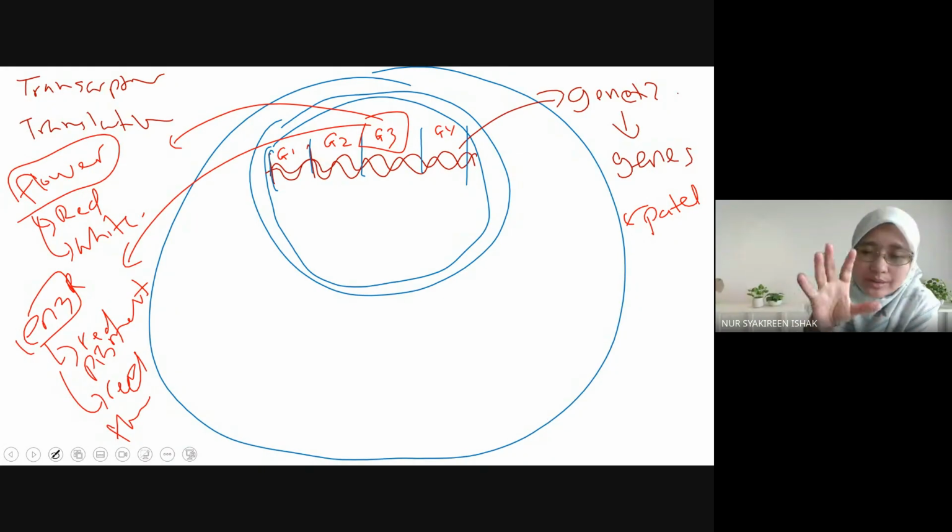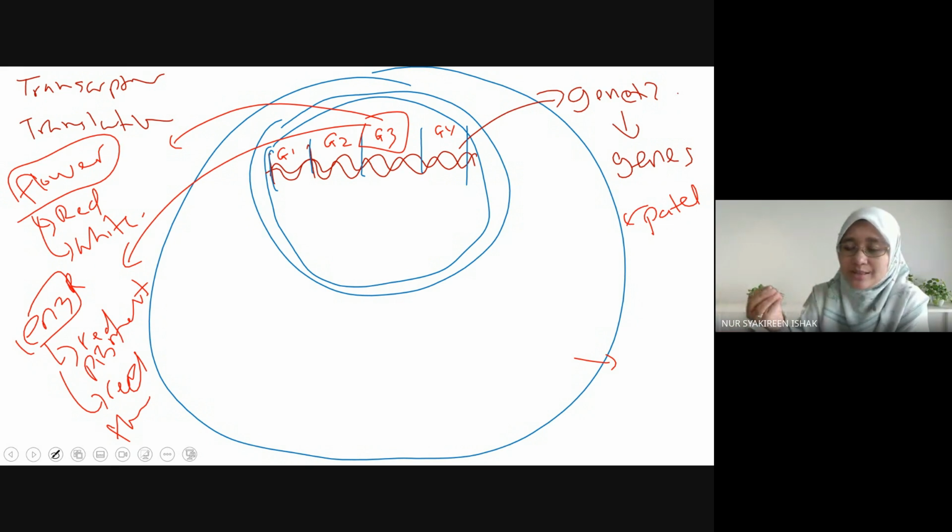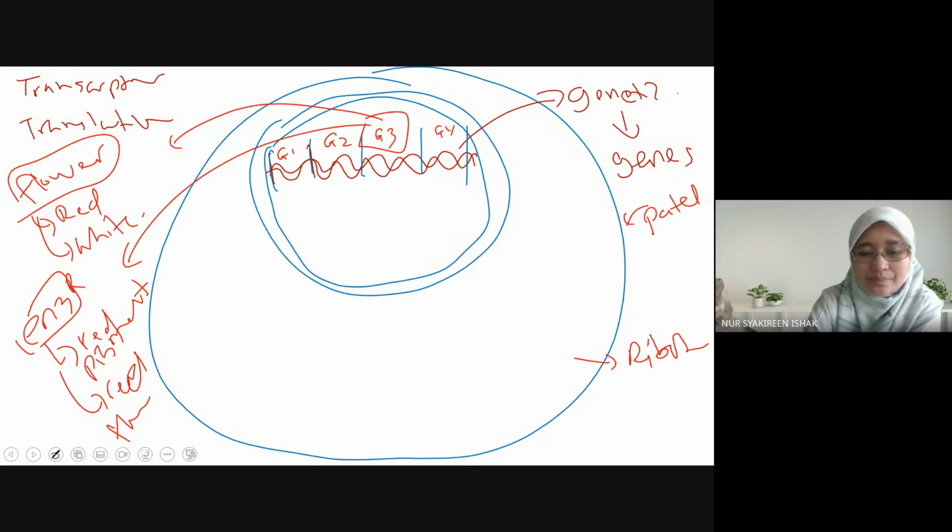The DNA stores the information, but the process of synthesizing protein occurs in the cytoplasm. What is the name of the organelle involved in protein synthesis? It is the ribosome, and the ribosome is located in the cytoplasm.